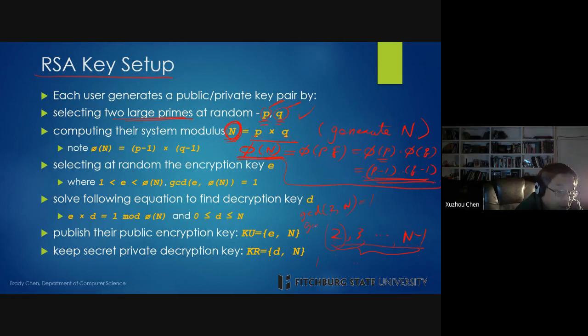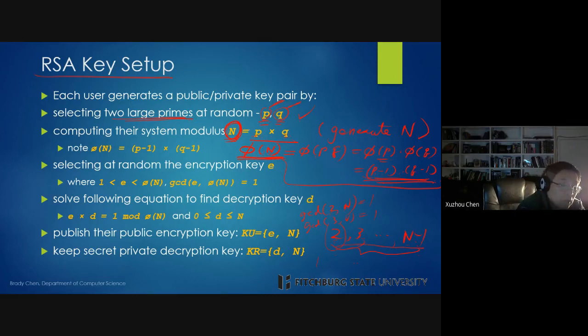And the GCD of 3 and n, you need to calculate the GCD for any of these numbers, and if it's relatively prime, then you count this number. If they're not relatively prime, you exclude that number. So then you get the total number. Okay, so that's the only way you can do it.